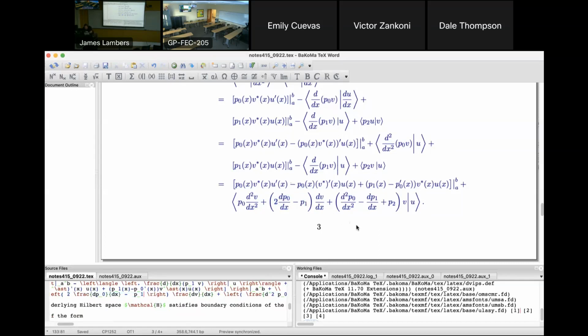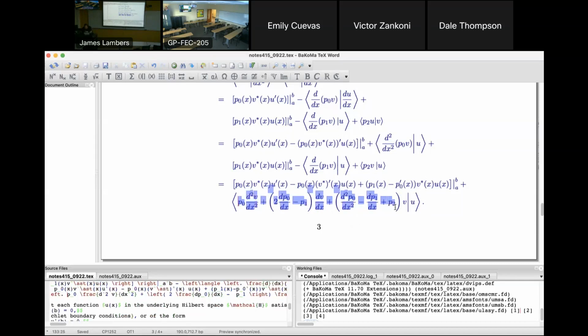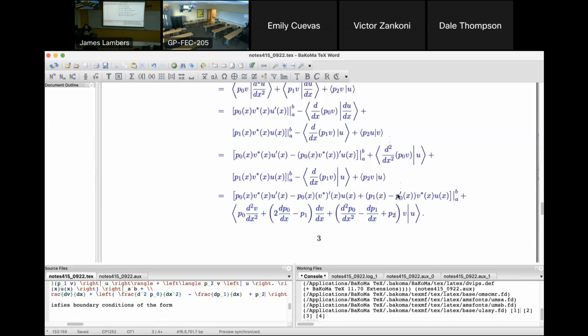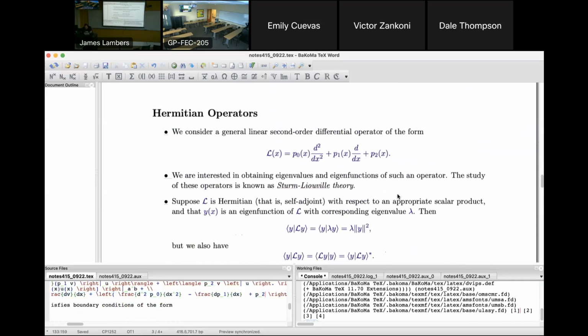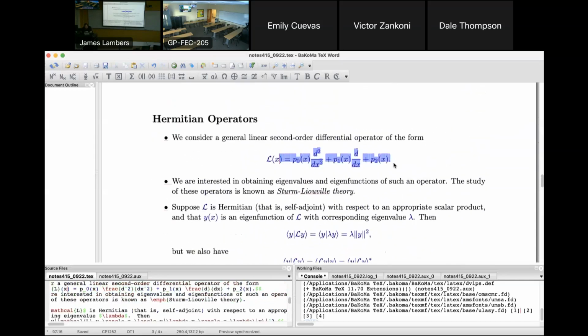And then finally, if P0 prime is equal to P1, then these terms will cancel, and you're left with P2. So we can also see if the condition is satisfied, P0 prime equals P1, this operator reduces to this one.